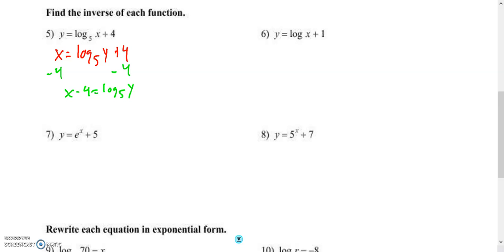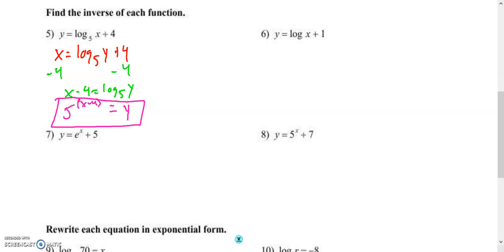You're going to take that base, 5, and you're going to say, well, 5 to the x minus 4 is equal to y. Alright, so there you now have your solution. Okay? 5 to the x minus 4 is equal to y.